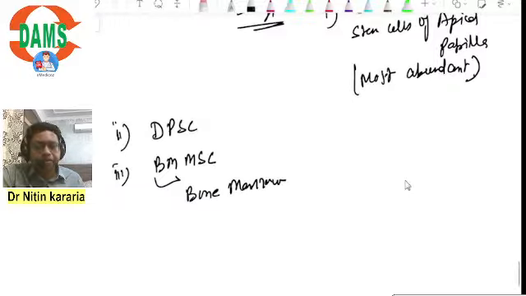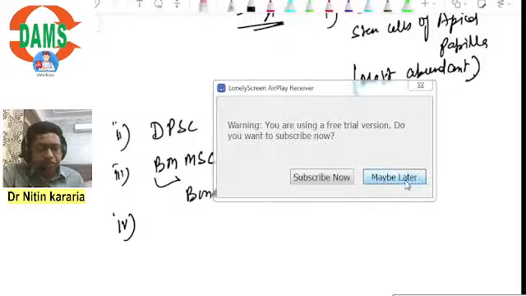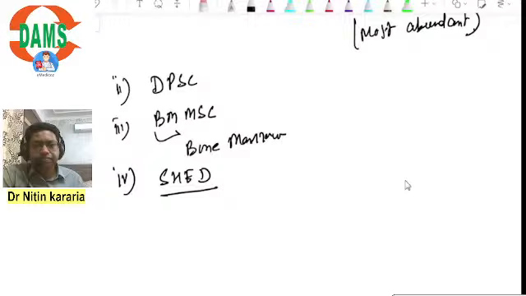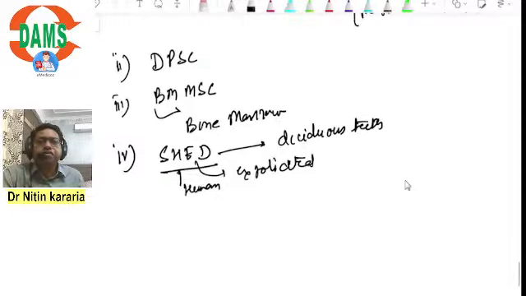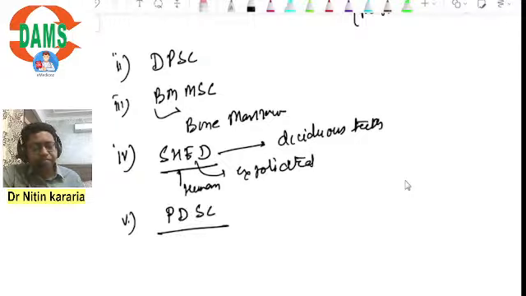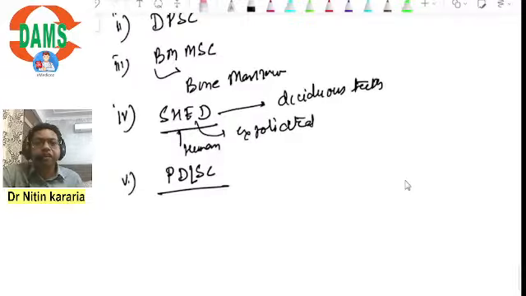We have stem cells of human exfoliated deciduous teeth, and we have periodontal ligament stem cells, PDLSC, periodontal ligament stem cells.